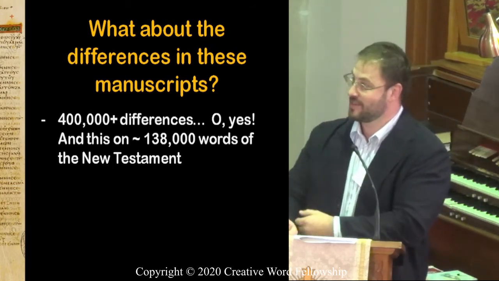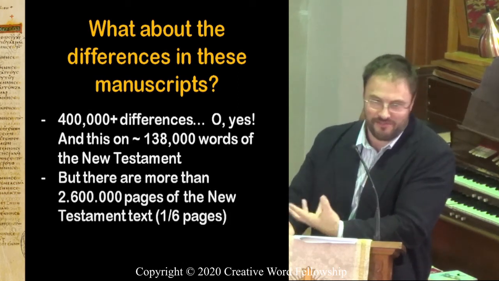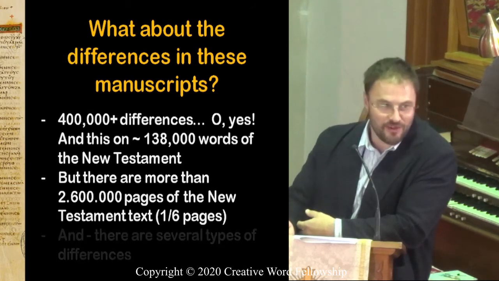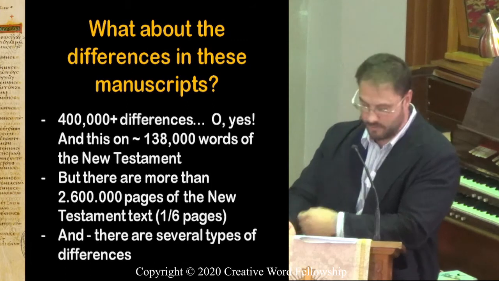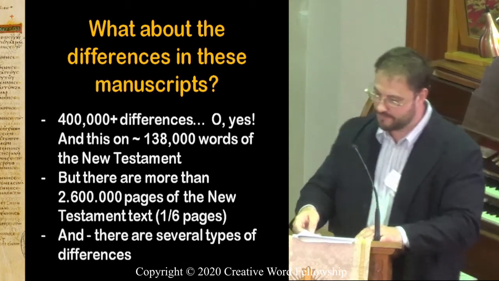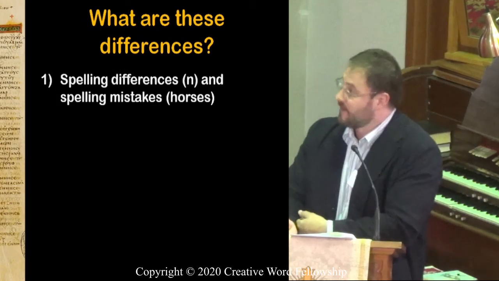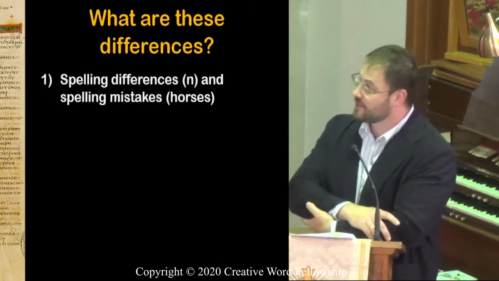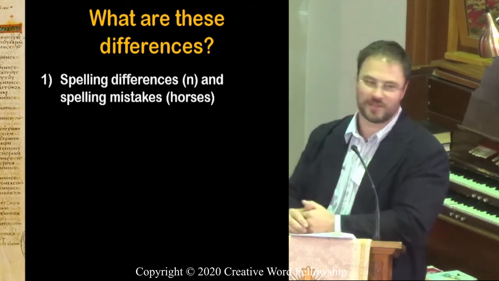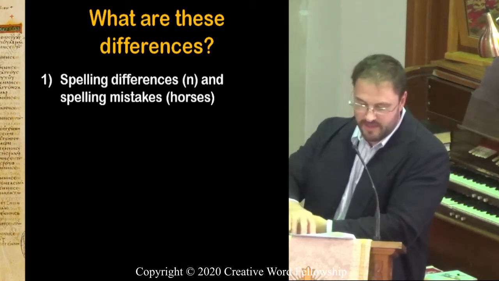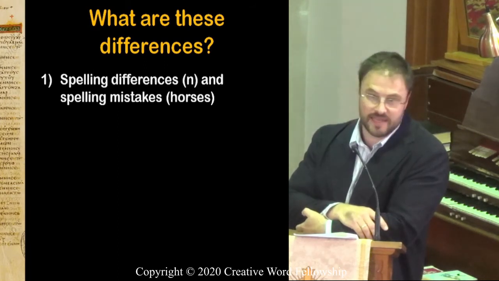But the most important question is, what kind of differences are these? Are the differences essential for the meaning of the New Testament? Do they change anything in the message? So we will briefly look at these differences. First, and the largest, much larger group than the others, are simply spelling differences and spelling mistakes.